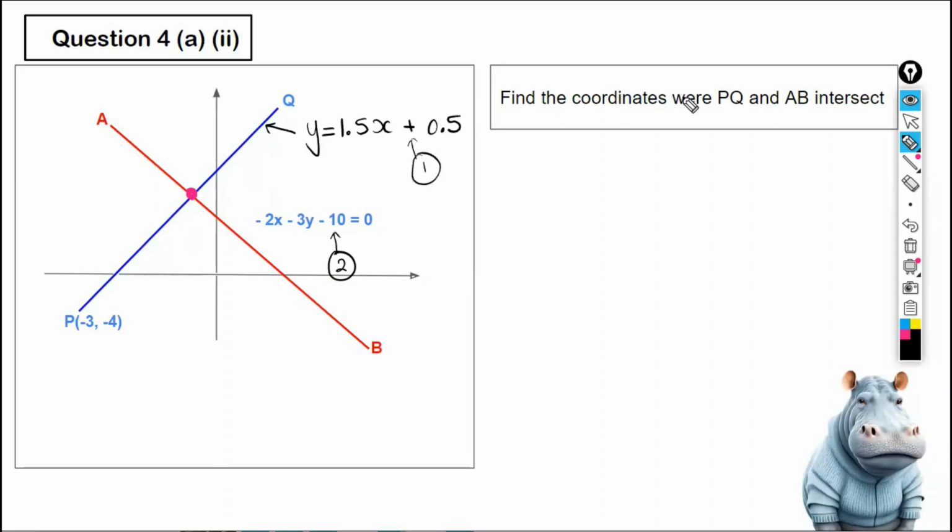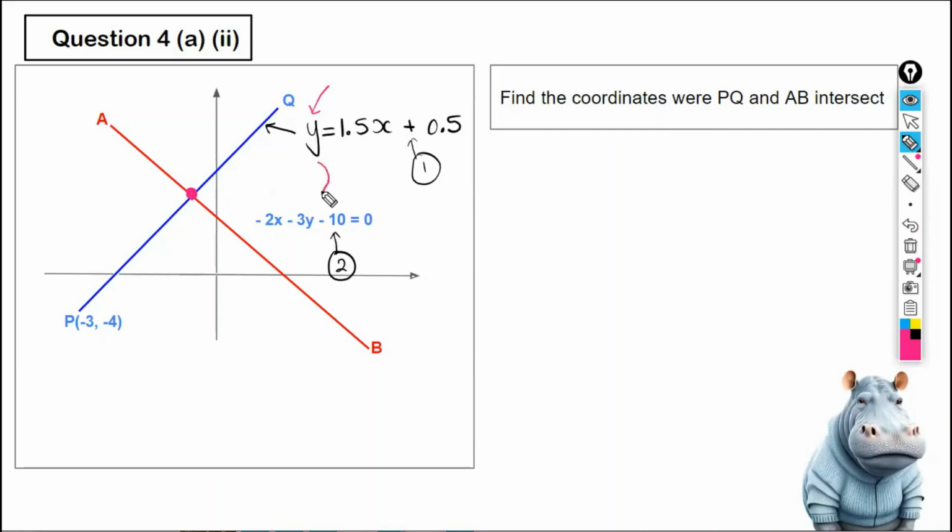I will be using the substitution method to solve this. Obviously, you are invited to use any method you wish. But take my advice. For this particular pair of simultaneous equations, substitution will be your easiest method. The reason I am saying that is because for equation 1, you all notice y is already the subject.